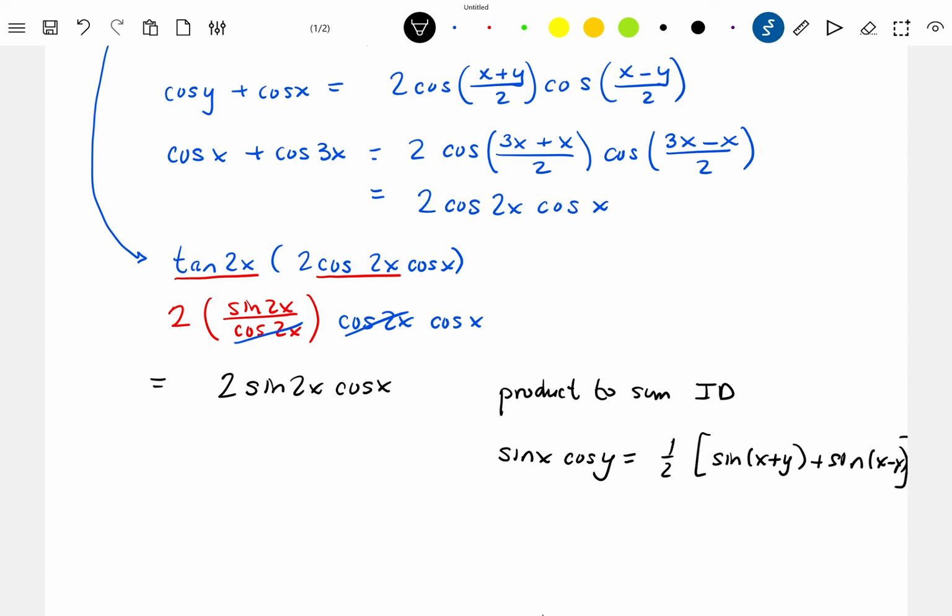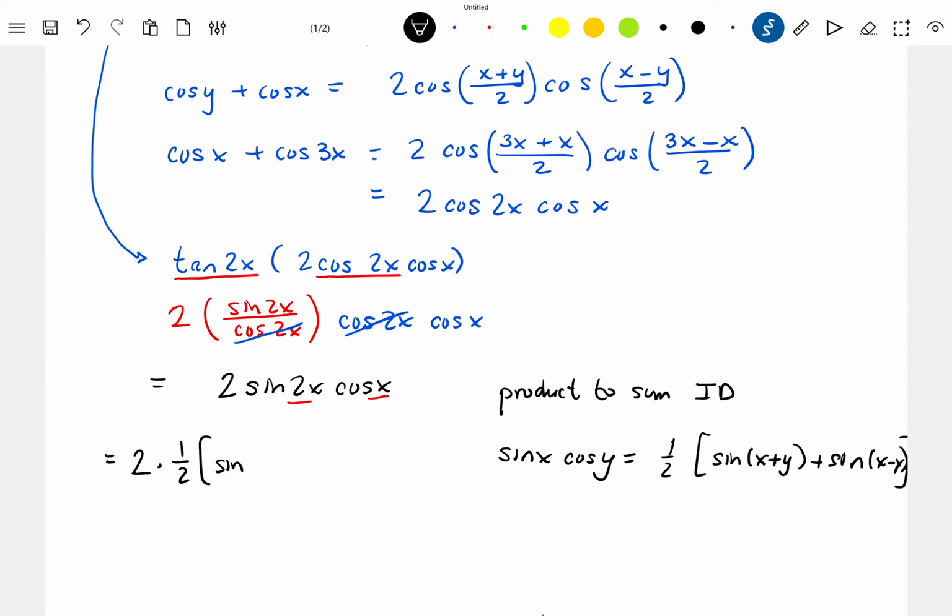Okay, so what we have here is 2 times, now bracket, 1/2. Actually, I'm not even going to write the brackets. I'm going to have 2 times 1/2 bracket sine of the sum of the angles. So the angles are 2x and x.